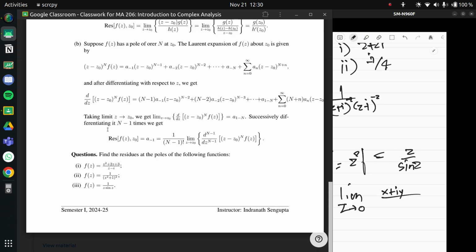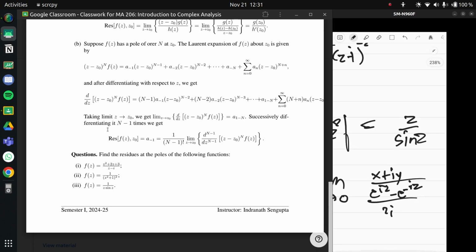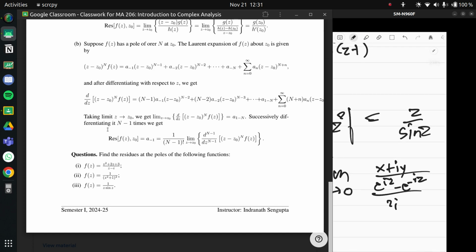With real values it would have worked right away. If you approach it on the x-axis, this would make sense, sure. But what about the imaginary values? We'll see. So it's e power iota z minus e power negative iota z upon 2 iota. So yeah, get it.